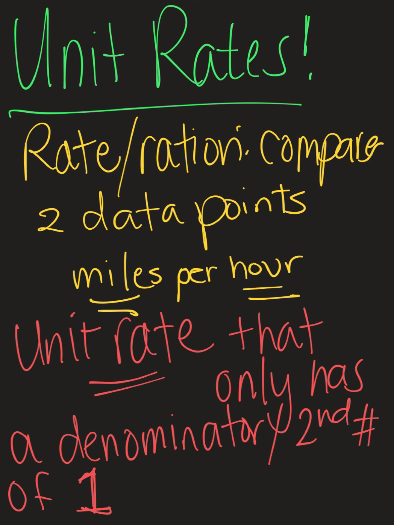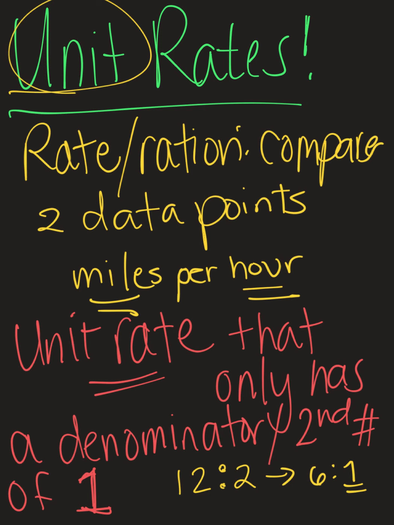Or dollars per pound if you're talking about buying deli meat at the grocery store. Or even if it's just a non-specific rate like 12 to 2, this would be a rate, whereas 6 to 1 would be the unit rate. That second number needs to be a 1 in a unit rate because unit is talking about 1.